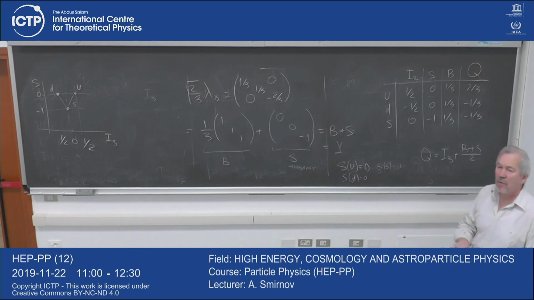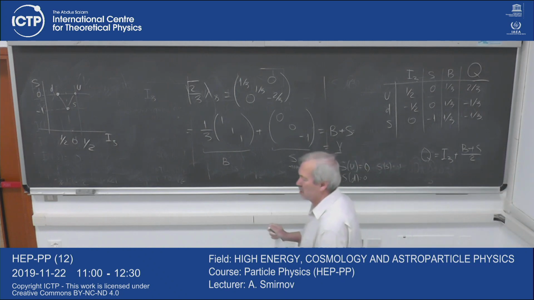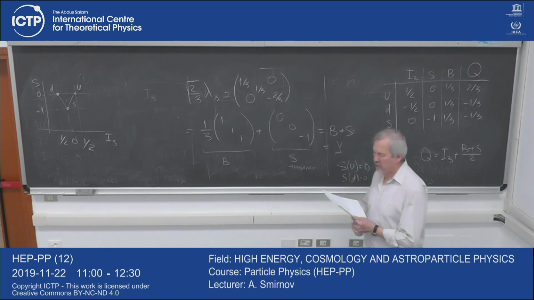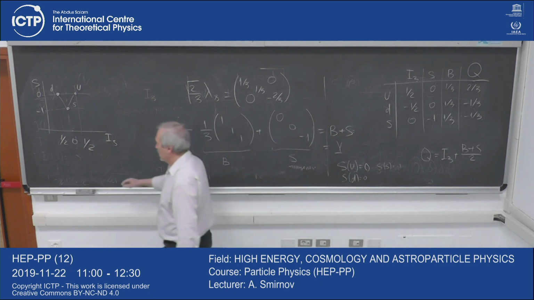So once we introduce quarks, now we will reformulate our theory, what we have created before, in terms of quarks. Now we go from hadrons to quark level. And first of all, we will start with the weak interactions, and let us consider how weak interactions look like at quark level.